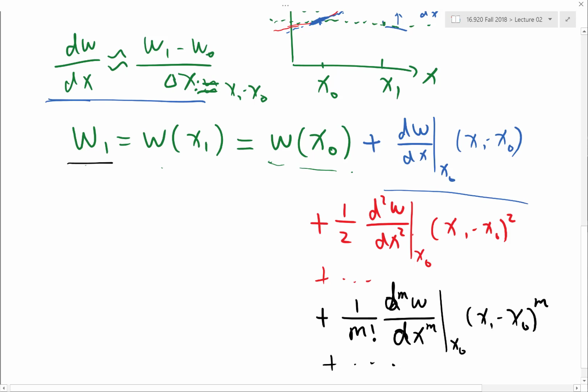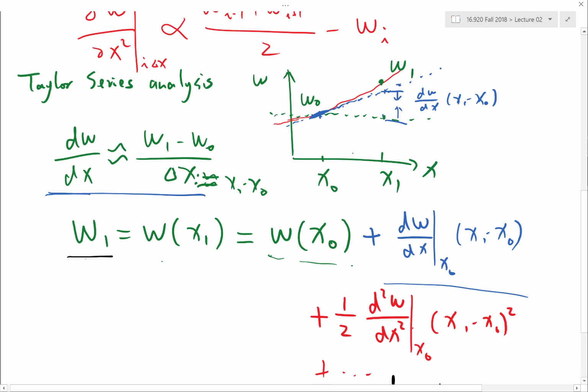The second order term shrinks by a factor of 100. The third order term shrinks by a factor of 1,000. And the 100th term shrinks by a factor of, I don't know exactly, but like 10 to the minus 100. So basically, as you shrink the distance between x0 and x1, my high order terms become negligible very fast.